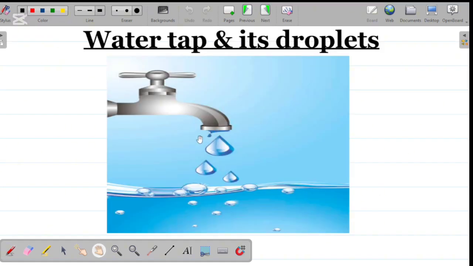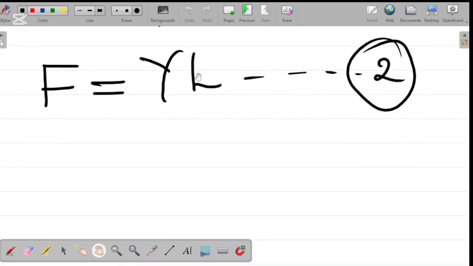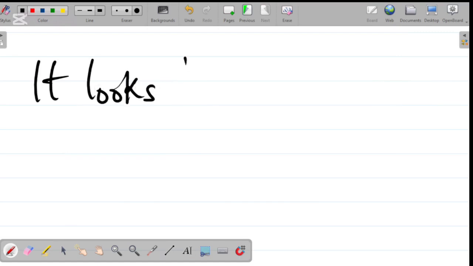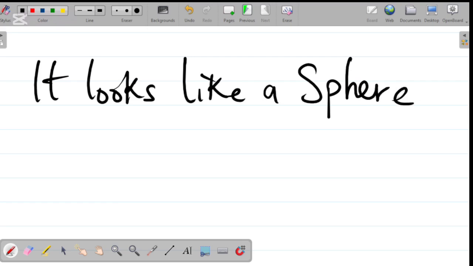All right, let's consider water droplets from the tap. This is the tap, and these are the water droplets. So if you look at this water droplet, you would see that it looks like a sphere. It looks like a what?